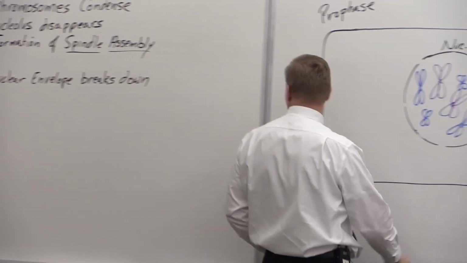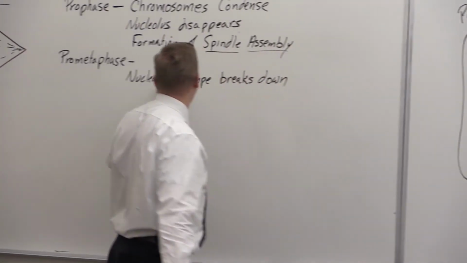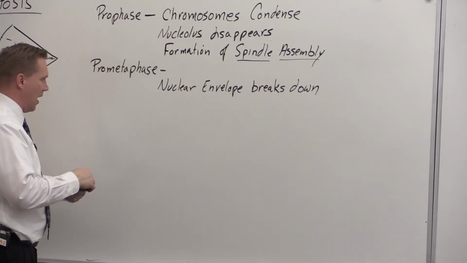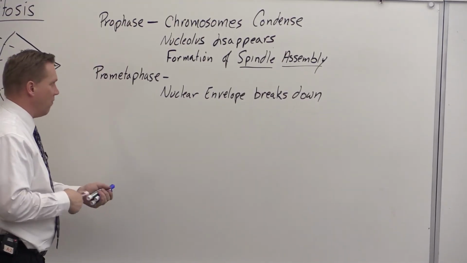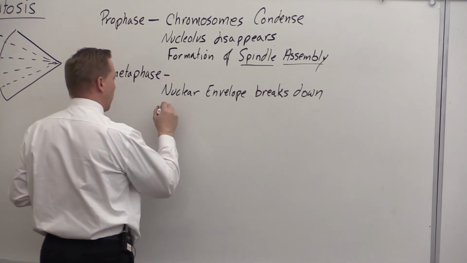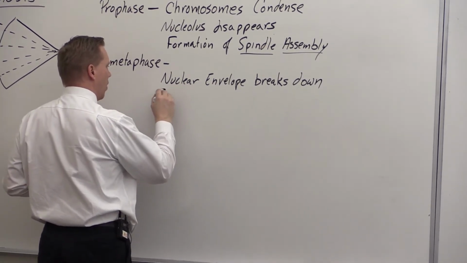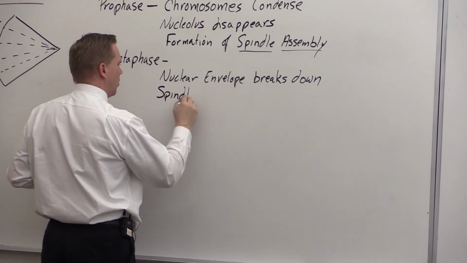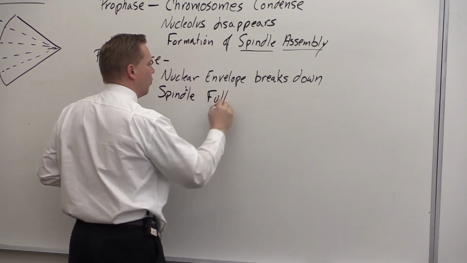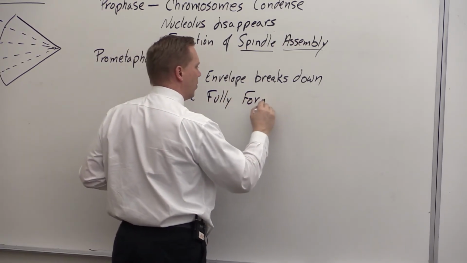Now, in prometaphase, we said the nuclear envelope breaks down. We get full formation of the spindle assembly. So the spindle fully forms.